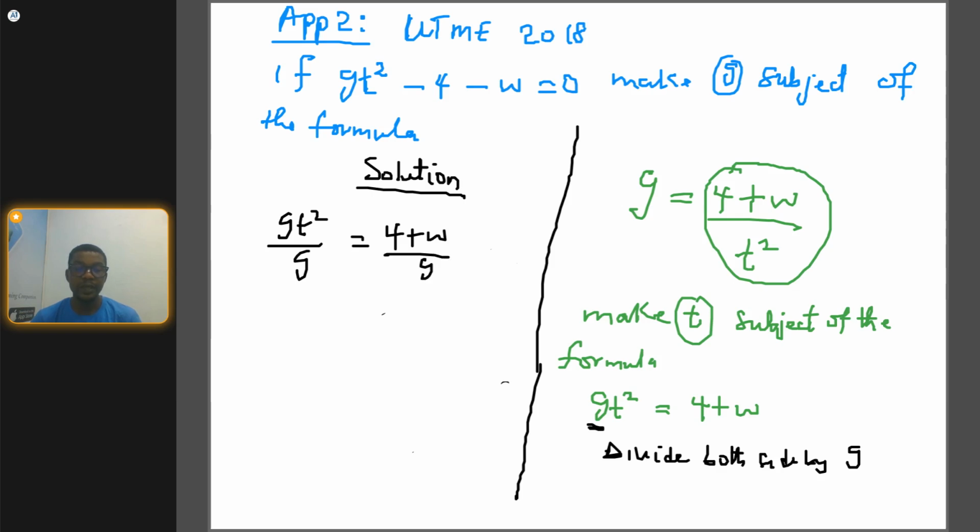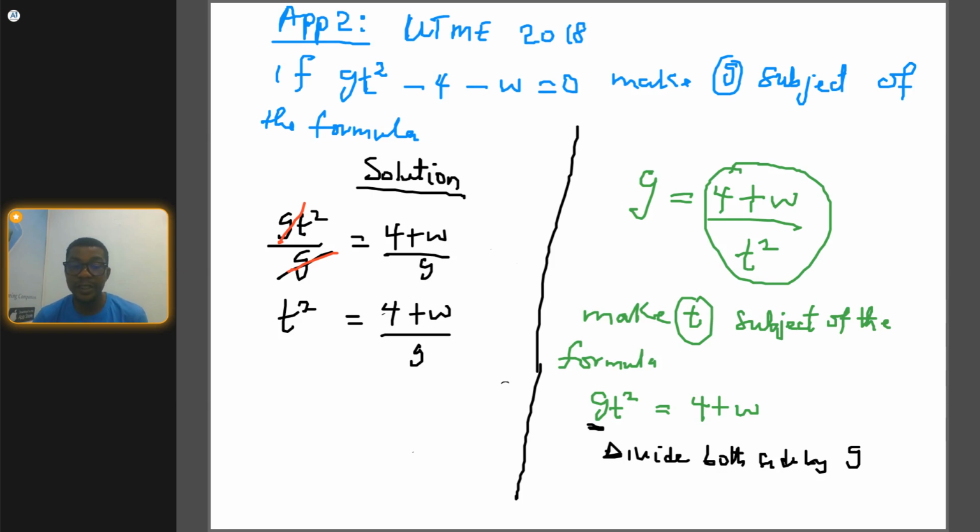So what will happen here? We have G cancel G. So we are left with what? Letter T. We are left with T squared equals 4 plus W over G. Is that clear to us?